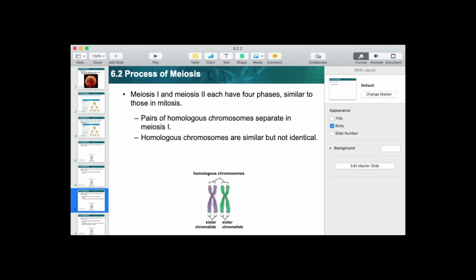Meiosis I happens after the DNA is replicated. So the first step before meiosis begins, just like in mitosis, is the DNA has to duplicate itself. And that's what we see as X shapes when that happens. And then meiosis I divides homologous chromosomes into 4 phases.